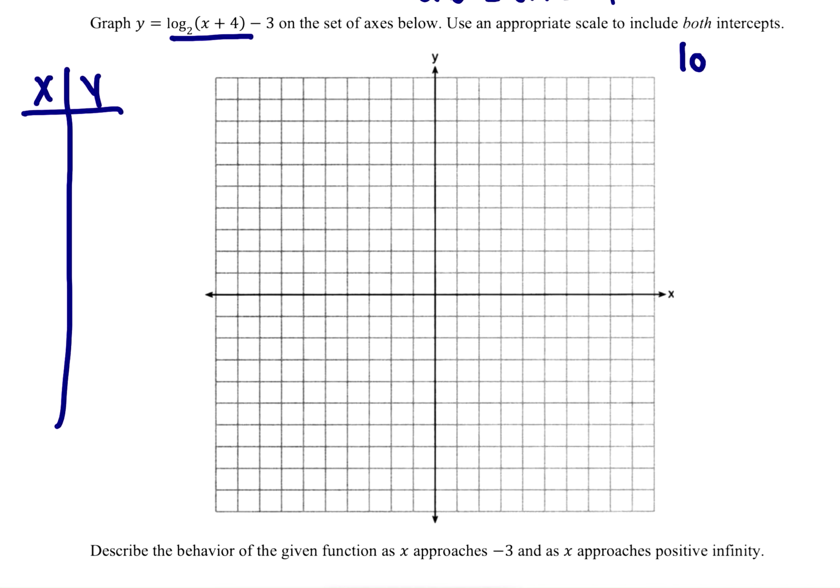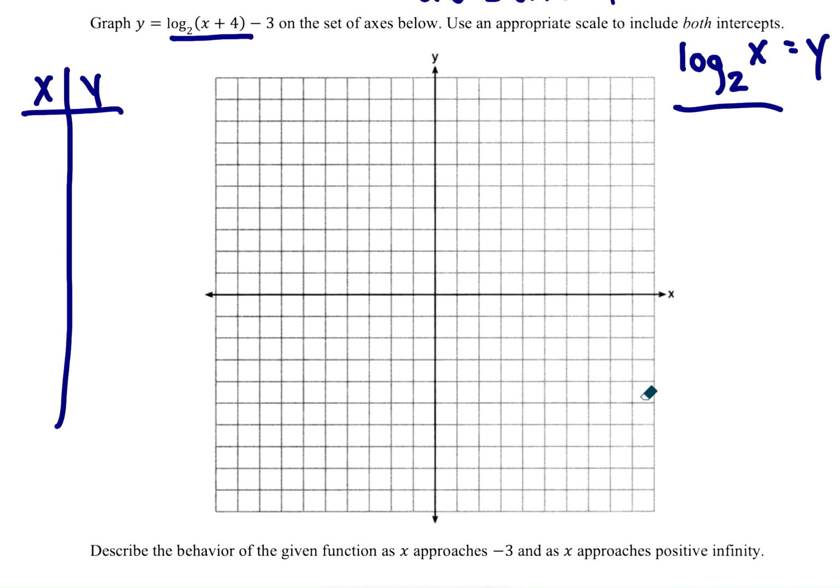If we have log base 2 of, let's just say, any random number a, what are going to be the nice numbers that I can put in for a in order to have a nice y value? So we're graphing nice points.